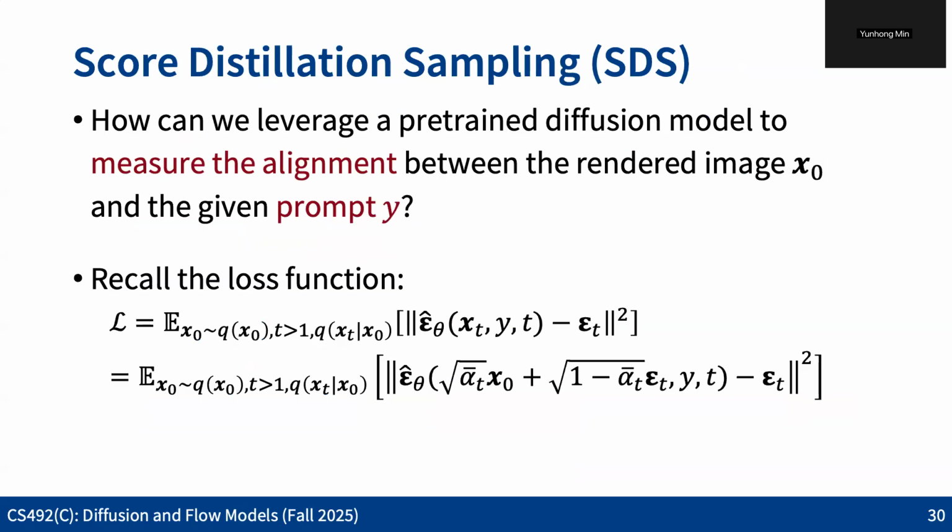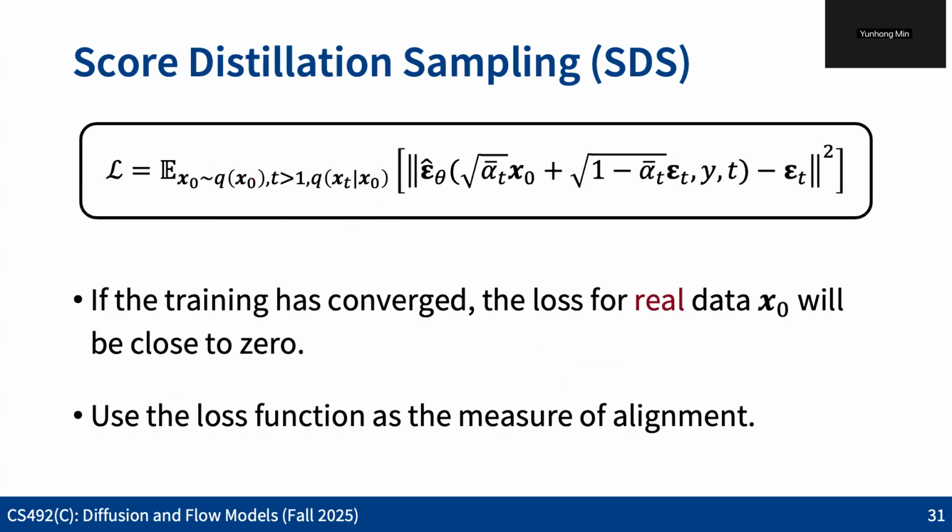If we have a pre-trained diffusion model, this loss has converged, which means that for any clean data point x0, we can expect this loss to be close to a small number, something very small. So the basic idea is that we are directly reversing the loss function of the diffusion model.